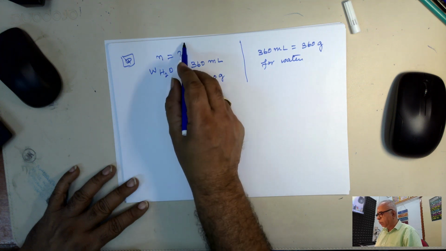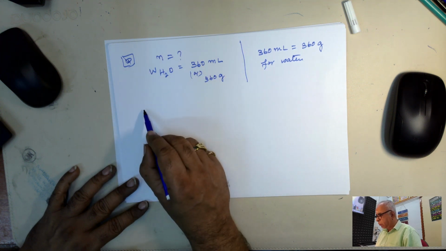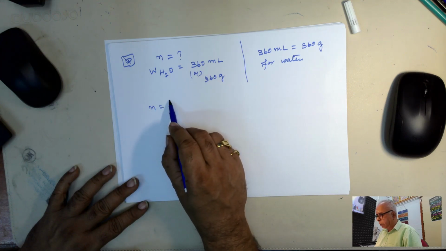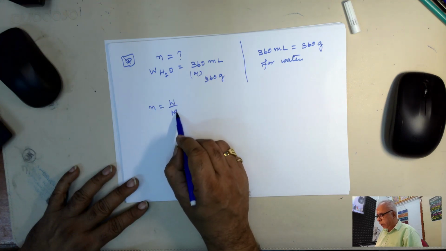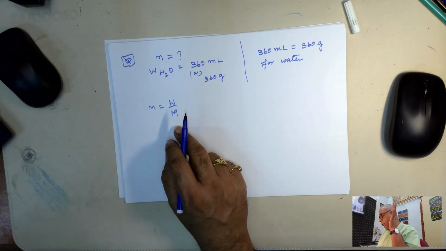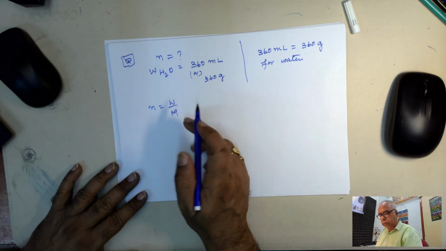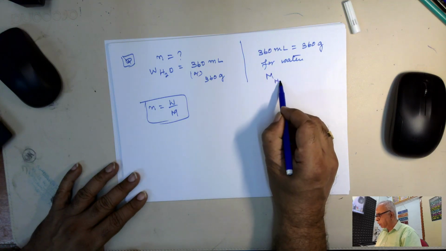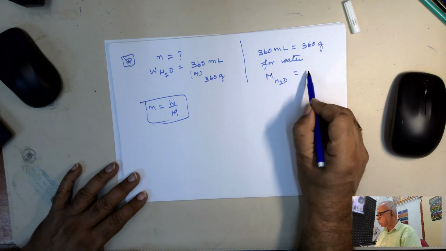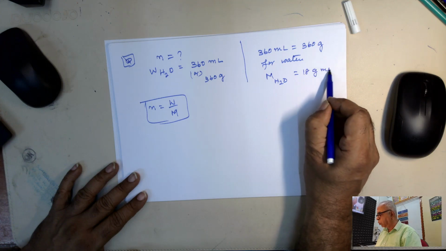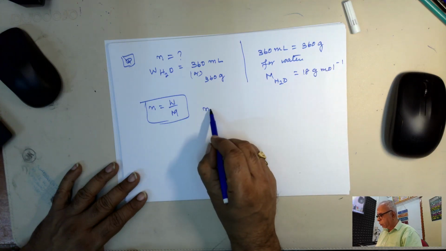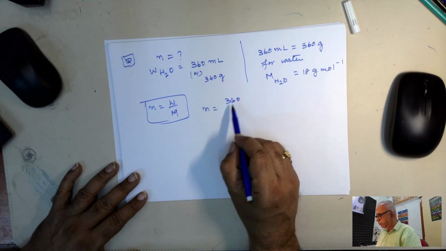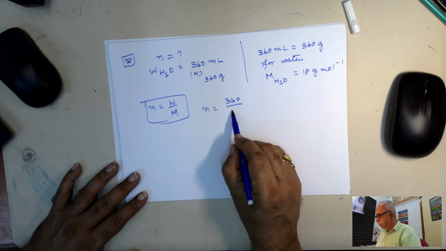Now what is asked? Number of molecules of water, which is given as weight by molecular weight. Why have I put molecular weight here? Because it is asked as molecule. And what is the molecular weight of water? That is 16 plus 2, 18 gram per mole, right? Therefore, n is equal to 360 gram divided by 18.